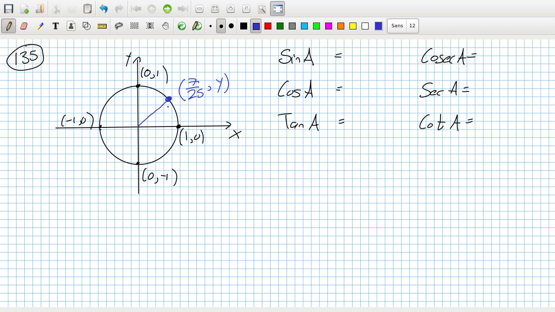So that means this distance, this base, that's y, and this base is 7 over 25.